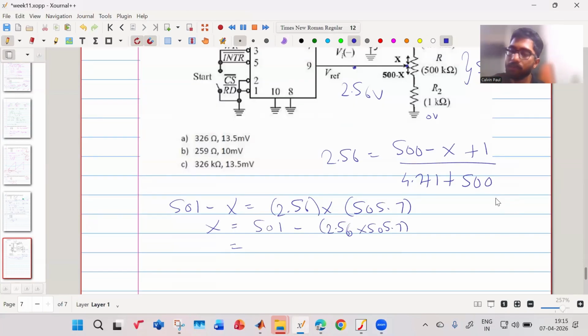What is this value? It's going to be negative.